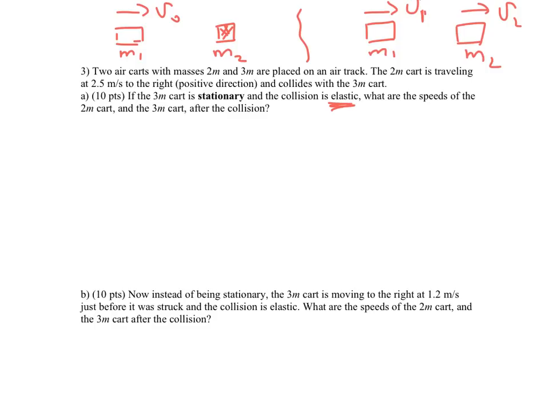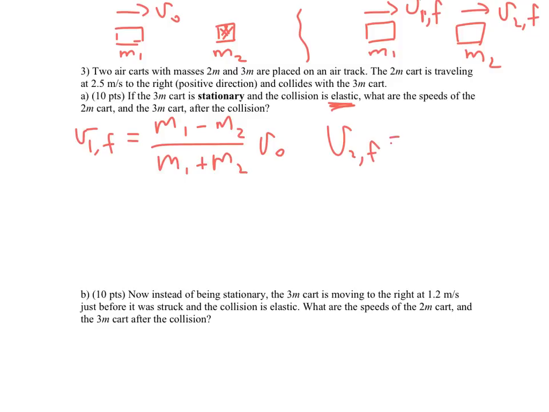All right, and your text actually calls these v sub 1 final and v sub 2 final. And there's just a simple formula that is derived. It says v sub 1 final is equal to (m1 minus m2) over (m1 plus m2) times v0, and v sub 2 final is equal to 2 m sub 1 over (m sub 1 plus m sub 2) times v sub 0.